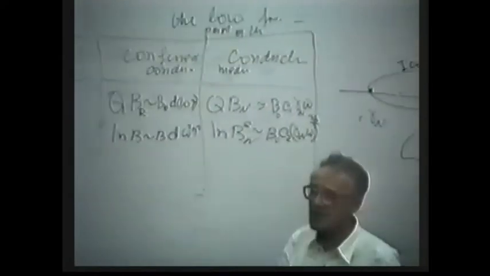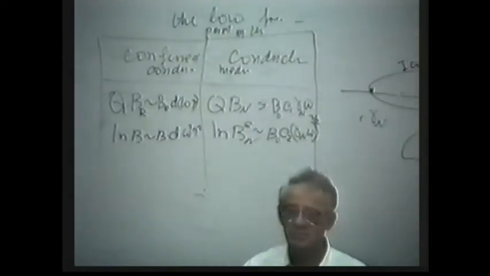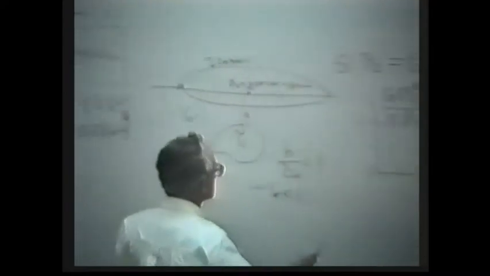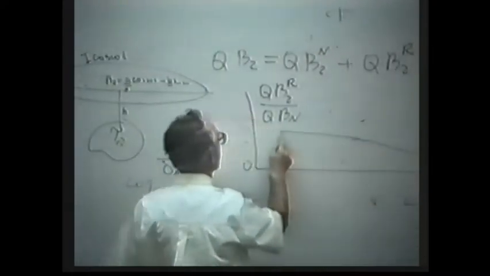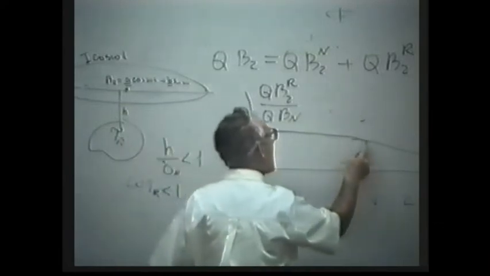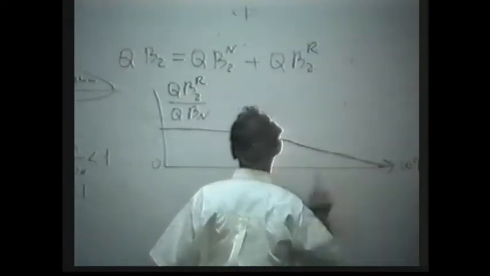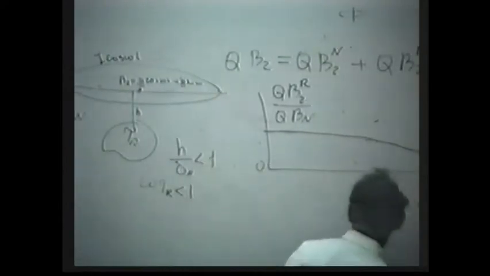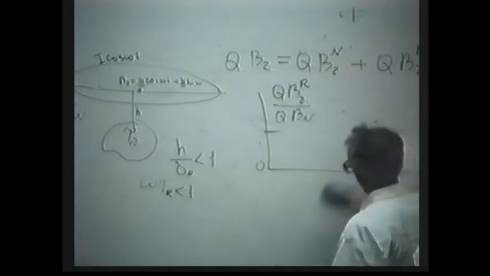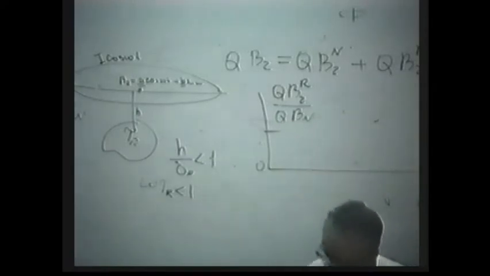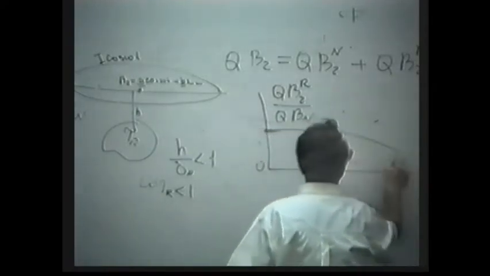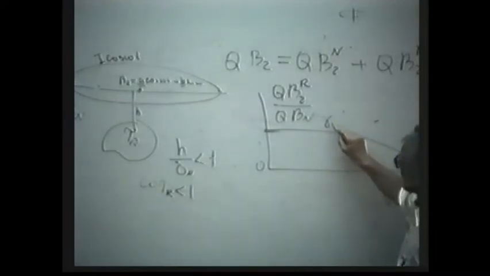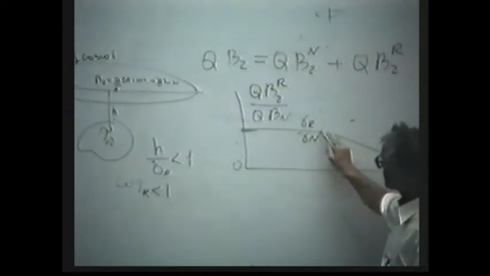What happens with the ratio? Straight line. No dependence. That's what happens, for a given ratio of conductivities gamma r over gamma naught.